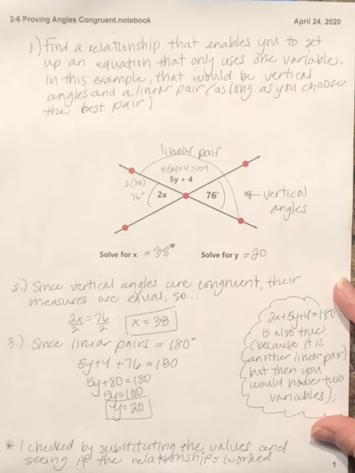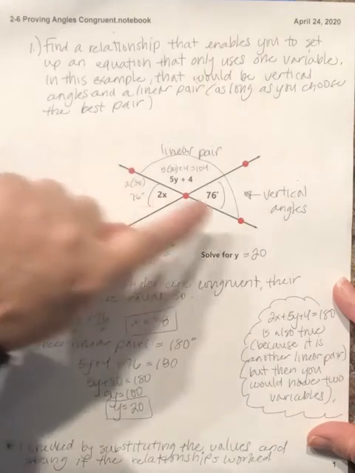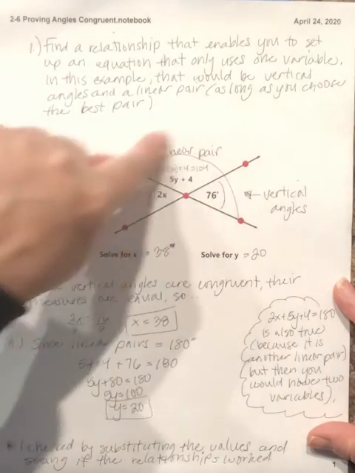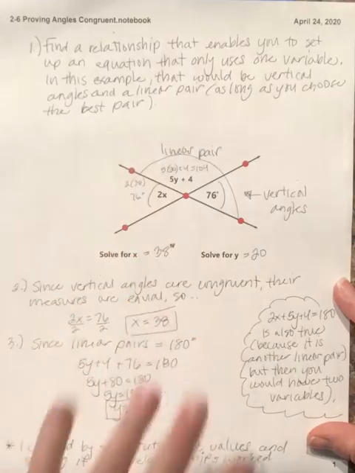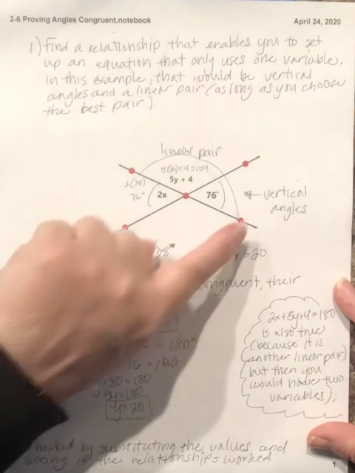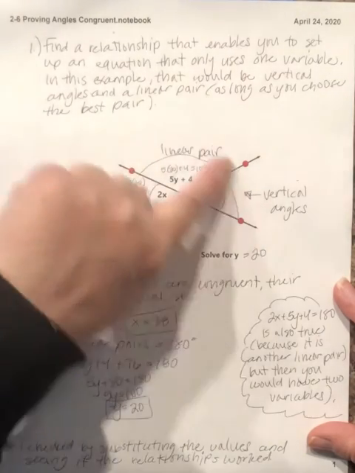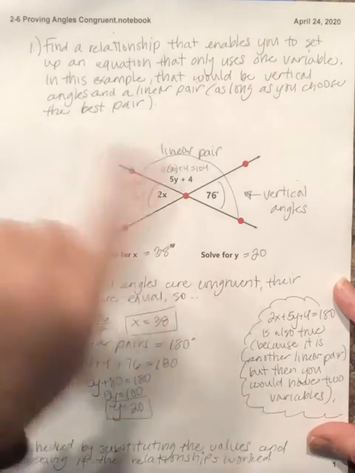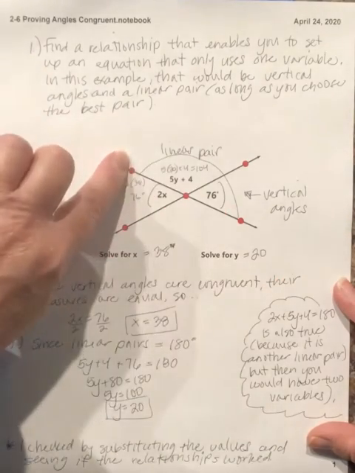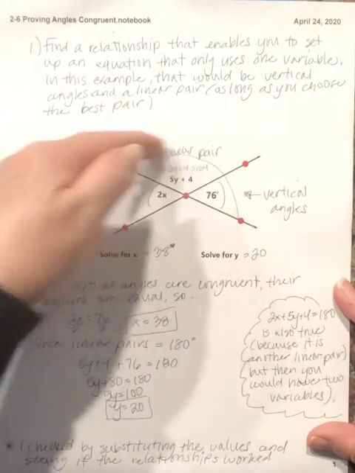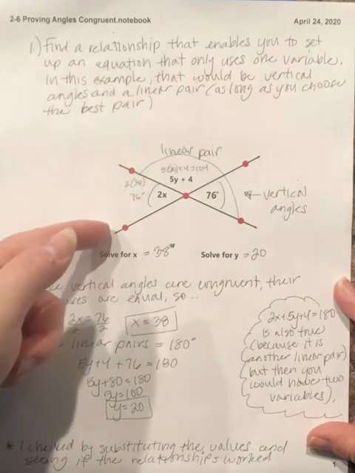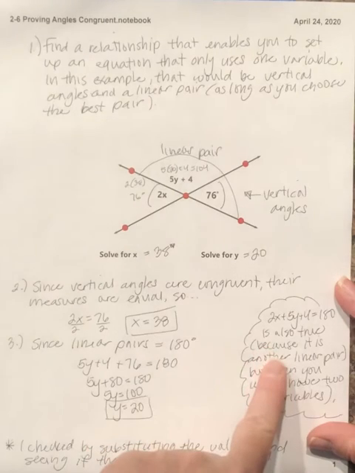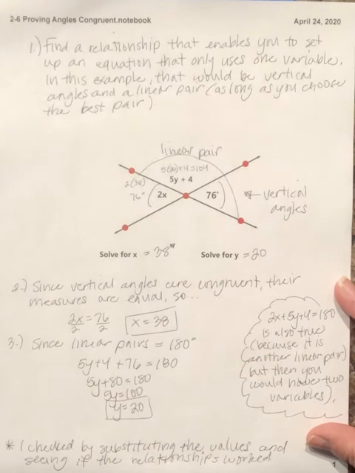I also have actually two sets of linear pairs. The one I'm going to use is this set here. And again, if you ever wonder if you have a linear pair, you should be able to include both angles in a semicircle because both a linear pair and a semicircle are 180 degrees. I do have a linear pair here also, but that would enable me to set up an equation that has two different variables, which I'm not going to get very far with.